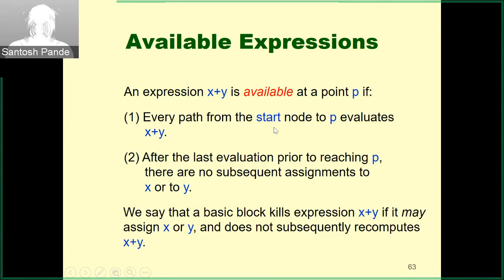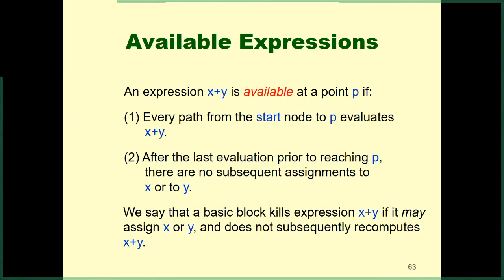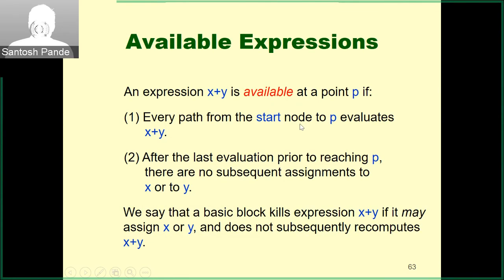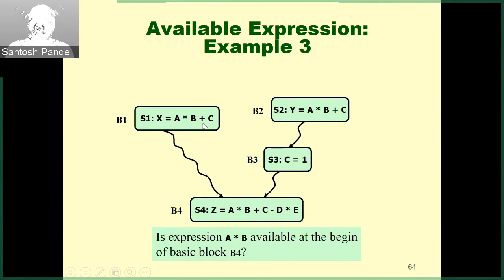The second one is, in order for some expression to be available at a given basic block, it must be available on each path leading to that point, which basically means the operator for joining the availability at B4 must be what? It must be intersection. And that's the only difference between reaching definitions and this analysis.